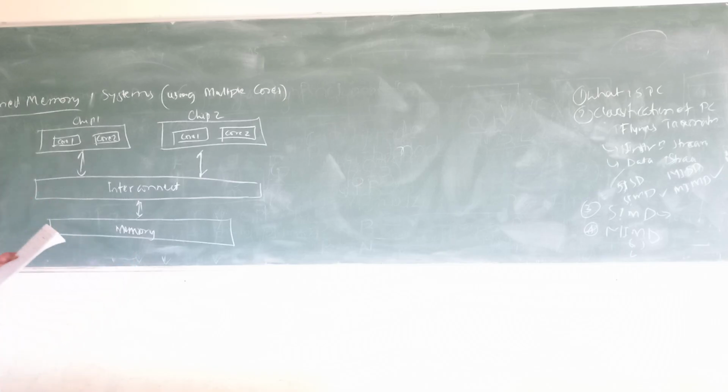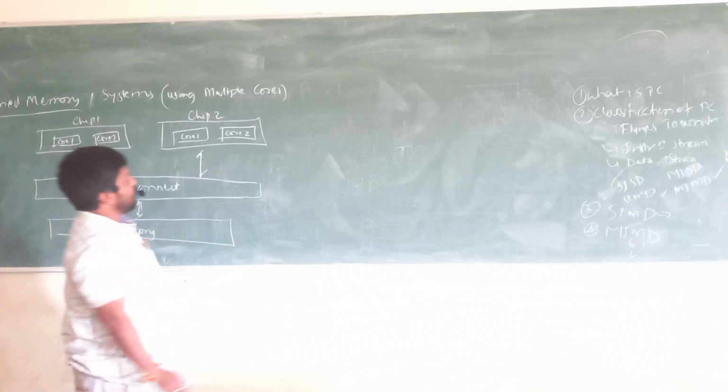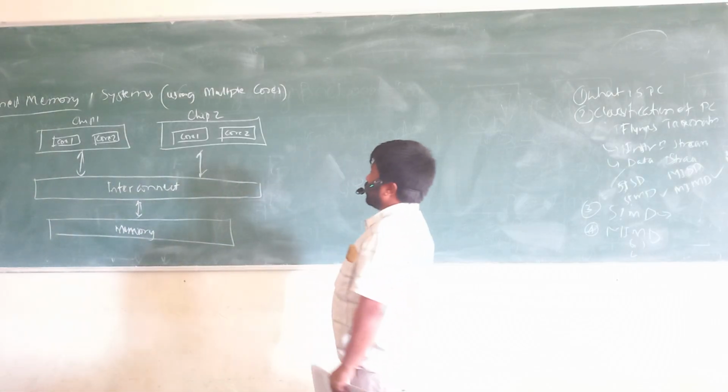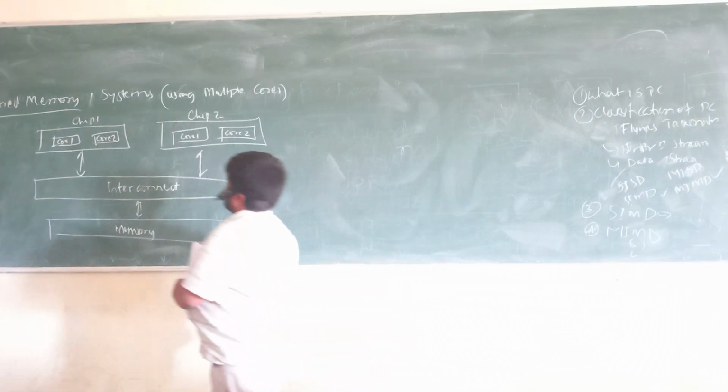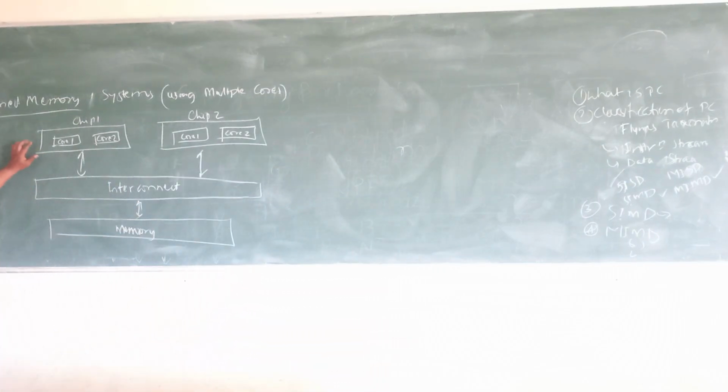This we call the shared memory system using multi-cores. In a single chip we are using two cores here.